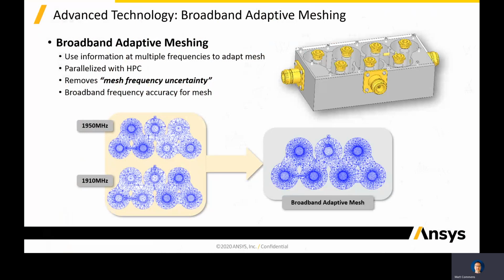But with broadband adaptive meshing, we can use multiple frequencies in parallel to do the adaptive mesh. And one of the nice virtues of this technology is it gets rid of mesh frequency uncertainty. We can remove that uncertainty about what frequency we should do the adaptive meshing at. Well, now we can do it at multiple frequencies and have a more valid, more accurate solution. And all this can be automated and parallelized with HPC.